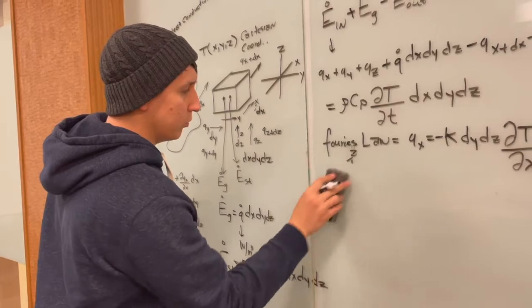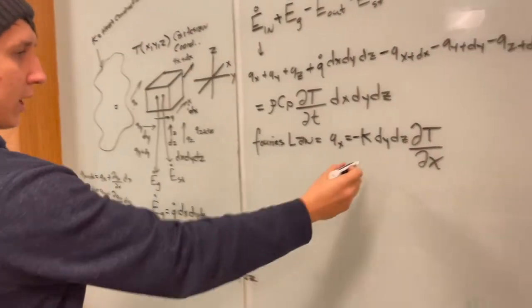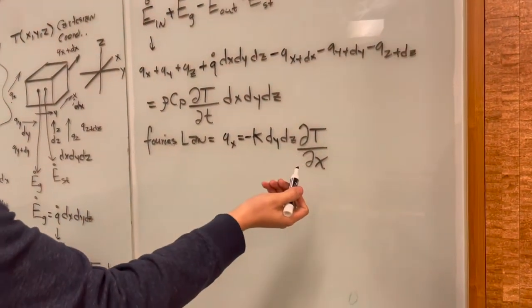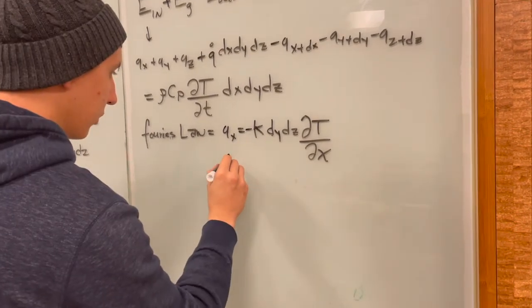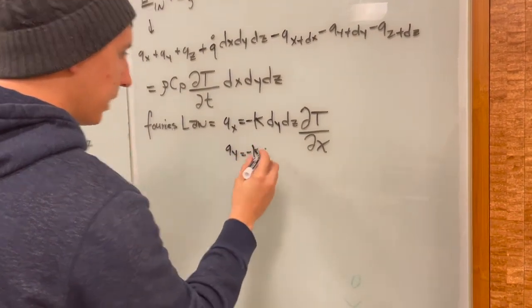And let me remove this here for a second. This would actually be the same for every other direction as well. So you would have qy is equal to this, but you would just change it.